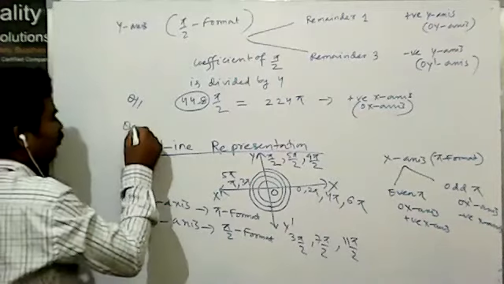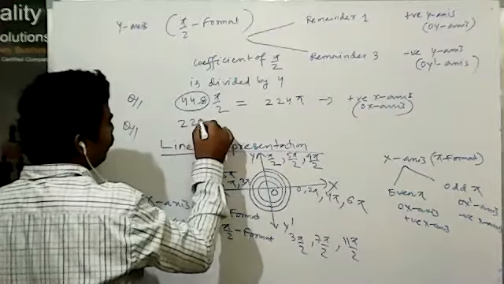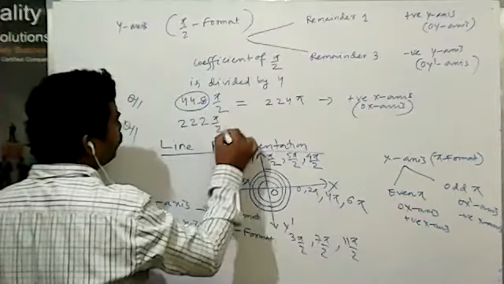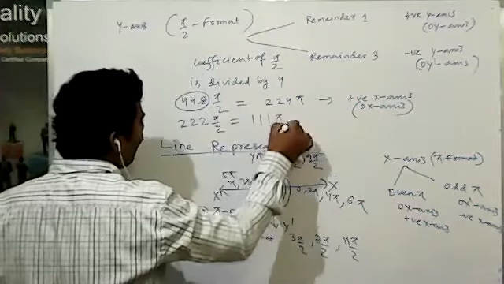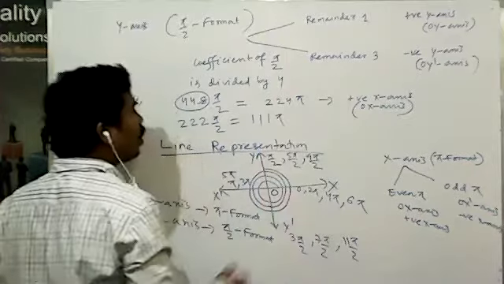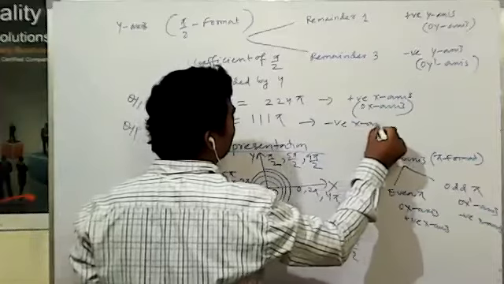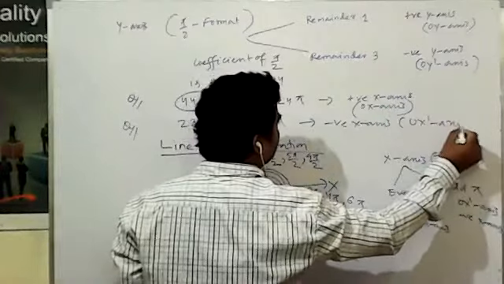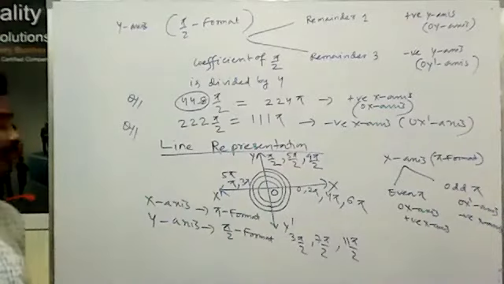Similarly, another question: 222 pi by 2 means 111 pi. This is odd pi, that's why this is a negative x-axis, that means the O x dash axis.